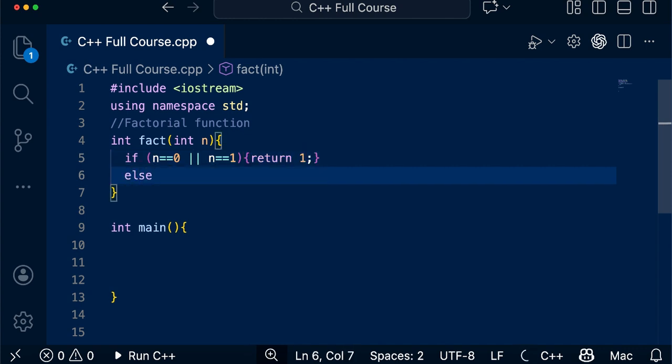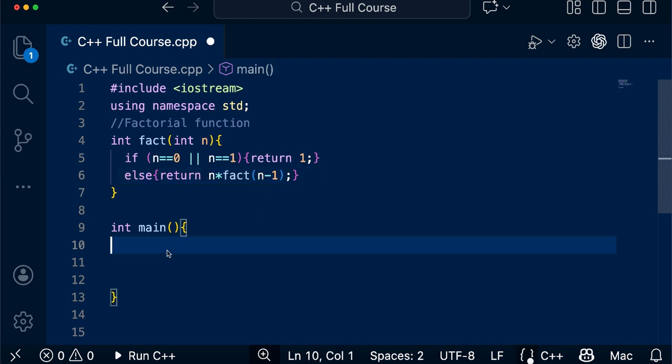Else return n multiplied by fact of n minus 1. The factorial of n minus 1, just following the formula I already gave you, so n minus 1, like that.